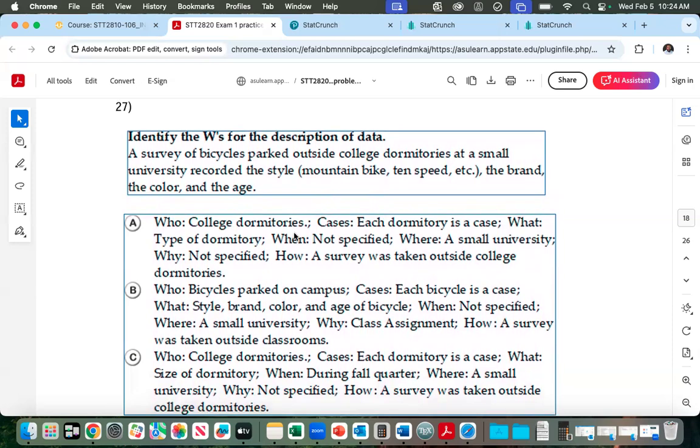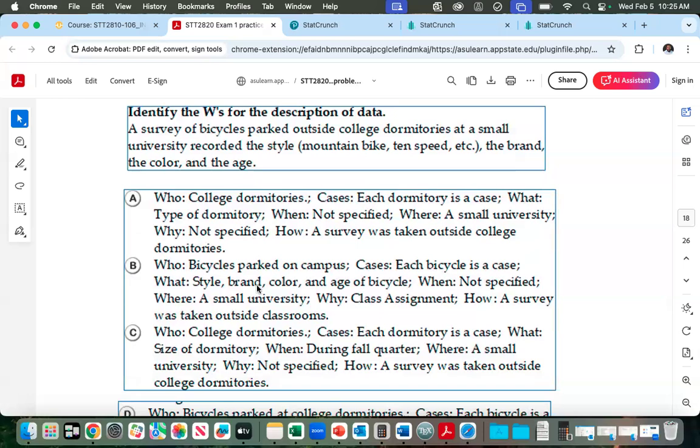When you look at A, the what is type of dormitory. You see that one is out. A says the what is the type of dormitory, but our what is the style, the brand, the color, and then the age. So that takes A out.